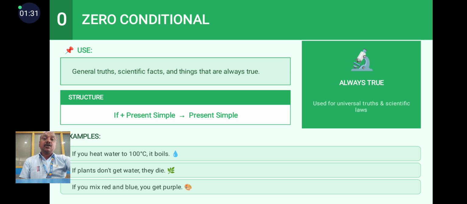Example: if you heat water to 100 degrees Celsius, it boils. If plants don't get water, they die. If you mix red and blue, you get purple. Either it will come under general truth, scientific facts, or things that are always true.